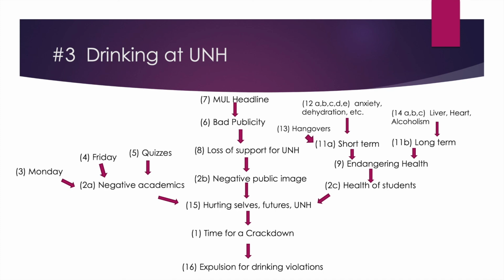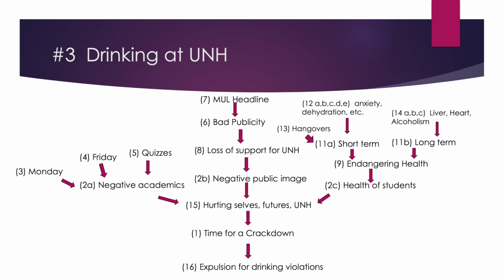Then finally, on the right of the diagram, we have all of that evidence related to student health. We have both the short-term and long-term health effects, right? This then shows that students are endangering their health, which is one of the previewed lines of argument related to the health of students. So we can go back and we could say, okay, we have all of those short-term effects like anxiety, dehydration, hypothermia.